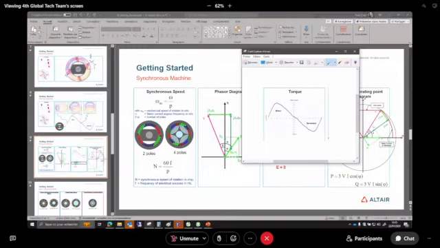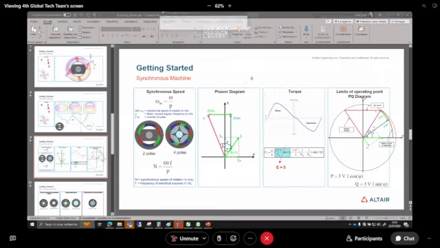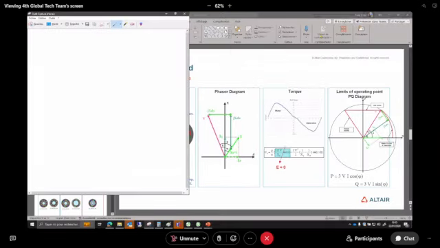Actually, for a permanent magnet machine, we used to say that the torque produced is this one. If we have only the winding on the stator and the magnets on the rotor, we produce this torque.